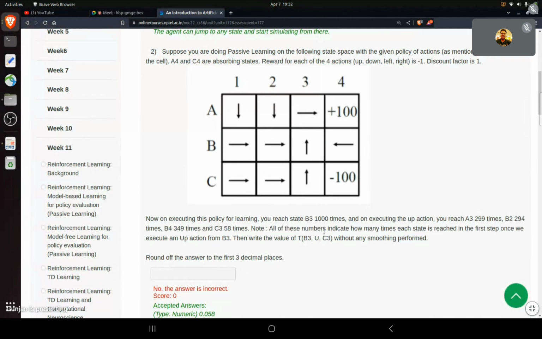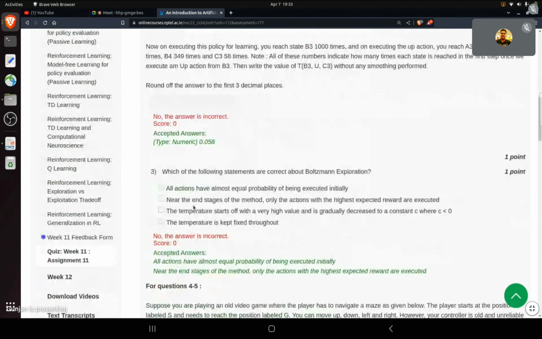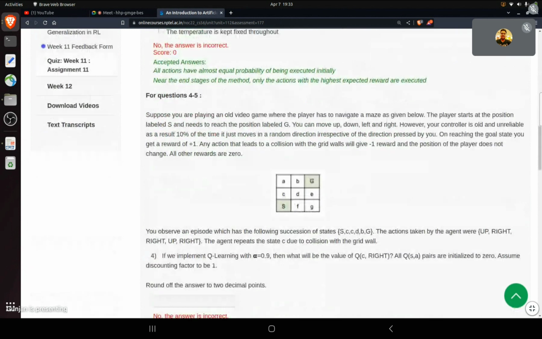All of these numbers indicate how many times each state is reached in the first step once we execute an up action from B3. Then write down the value of T(B3, up, C3). From B3, if you take an up action, you reach C3 58 times out of the 1000 simulations, so the probability is simply 0.058. That was just one question that we covered.